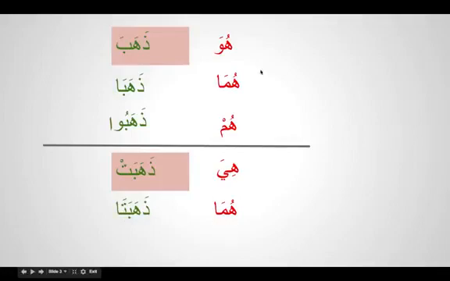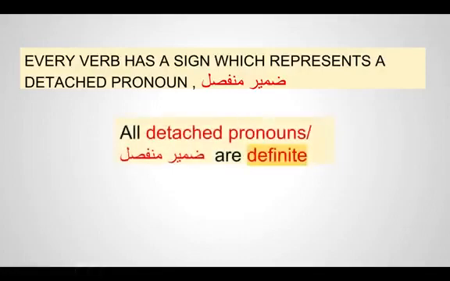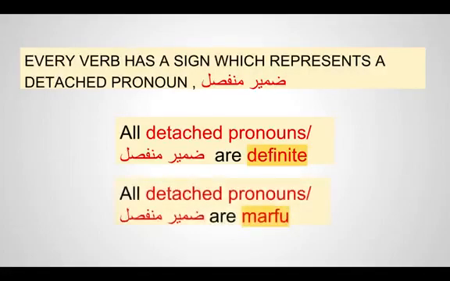If you see in all these verbs, each represents a pronoun which is called a fa'il, that's a doer. So what are these pronouns which they represent? We have done previously that these verbs have a sign of a detached pronoun. And what is this detached pronoun called? Dhamirun munfasilun. We know that all detached pronouns are definite, and that all detached pronouns are marfu.